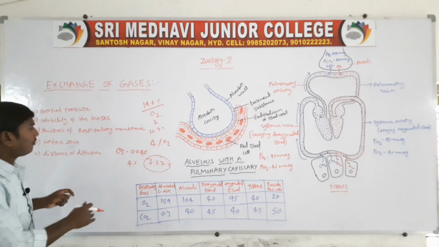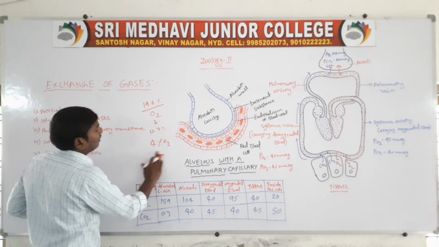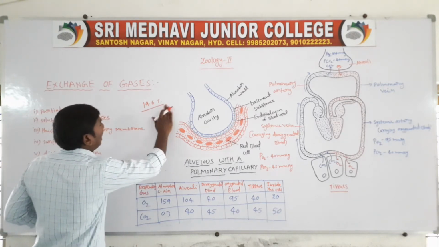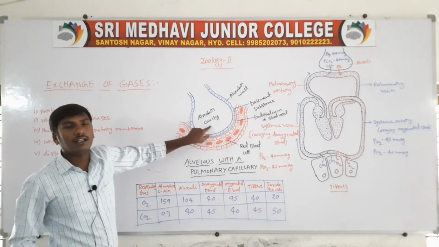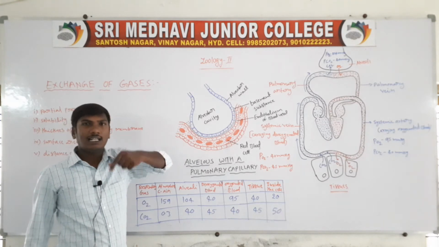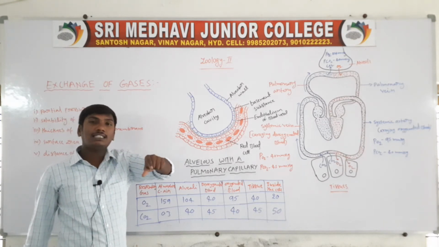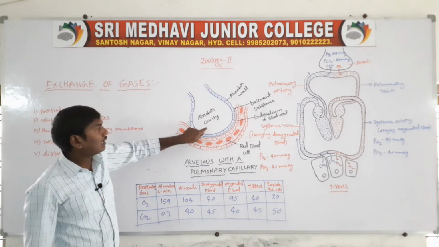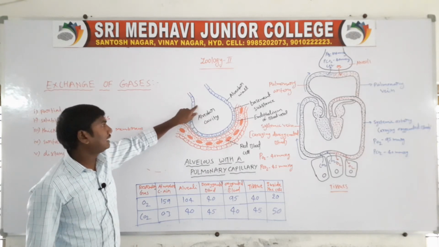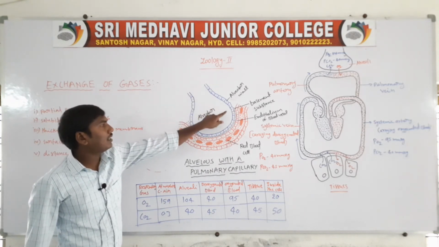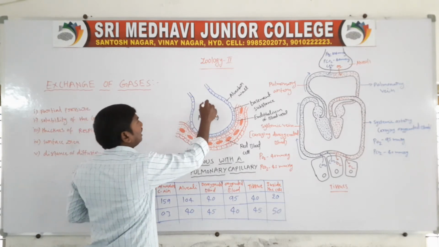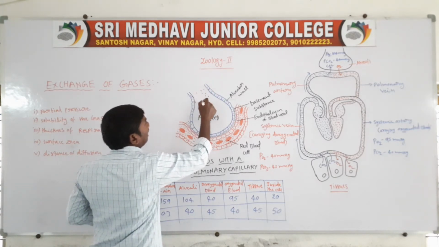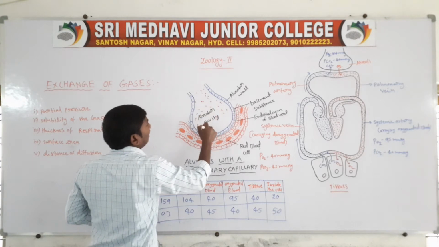Next one. So these are the alveoli, one of the alveoli. The lungs contain approximately 300 million alveoli. The alveoli have a squamous epithelium membrane, and they contain air.